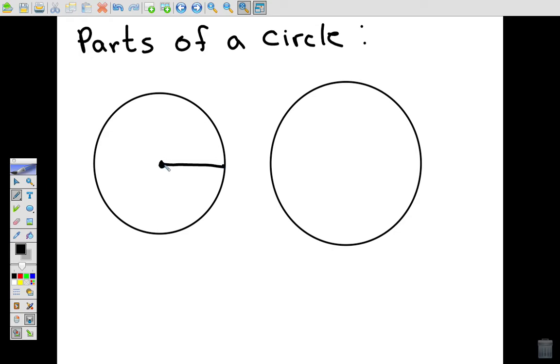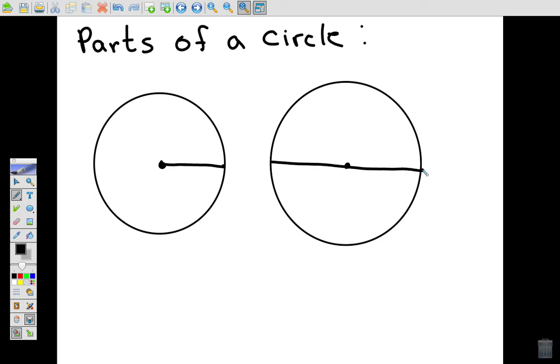That part has a certain name. Also, let's talk about the part that goes across the whole circle through that center, in other words, the part that separates the circle into two equal parts.